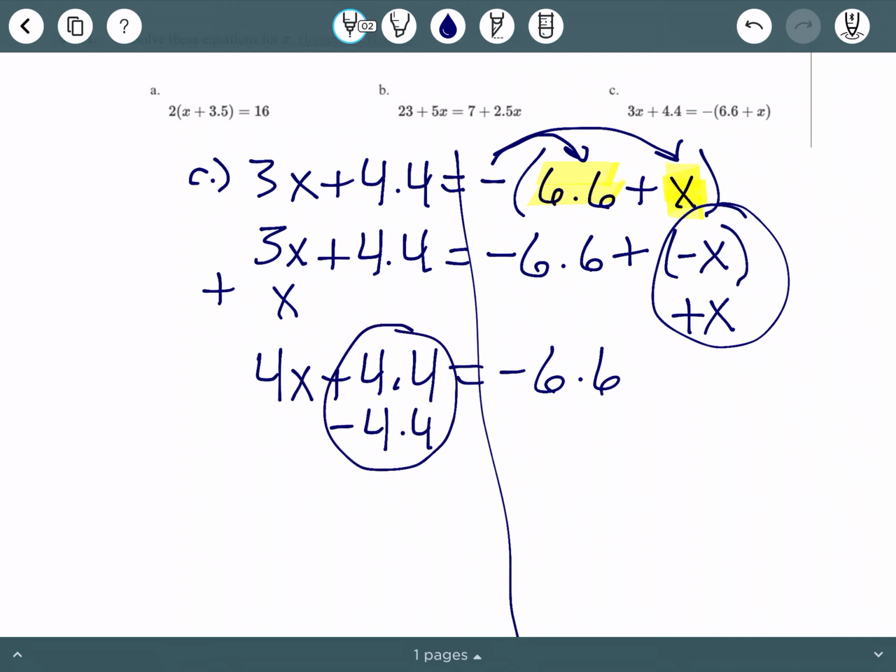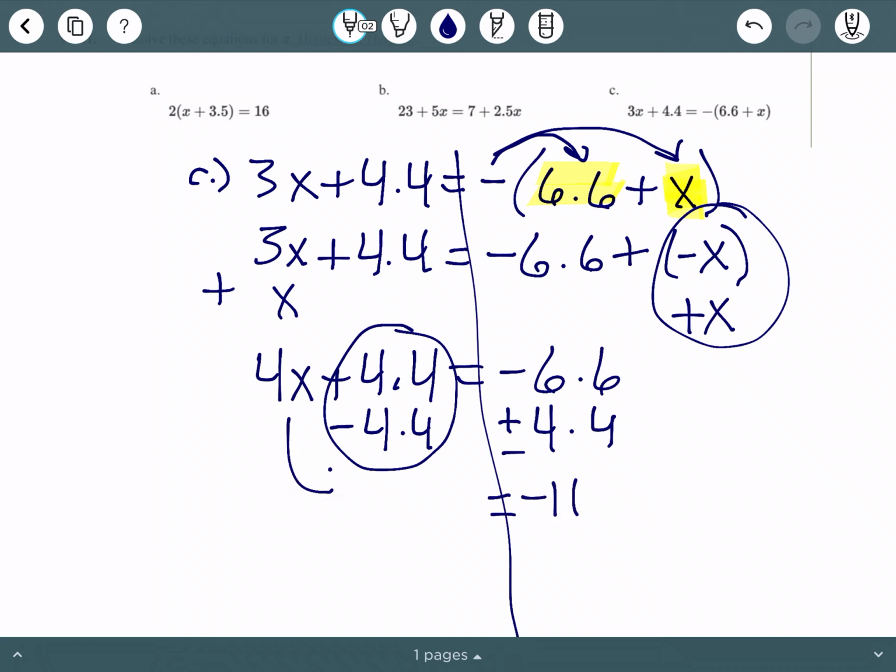I have a 0 pair there, and now I'll subtract 4.4 here. So a negative, and we're subtracting a number from it. So remember, this is the same as adding a negative. So what do we get when we have a negative 6.6 plus a negative 4.4? That's going to give us negative 11.